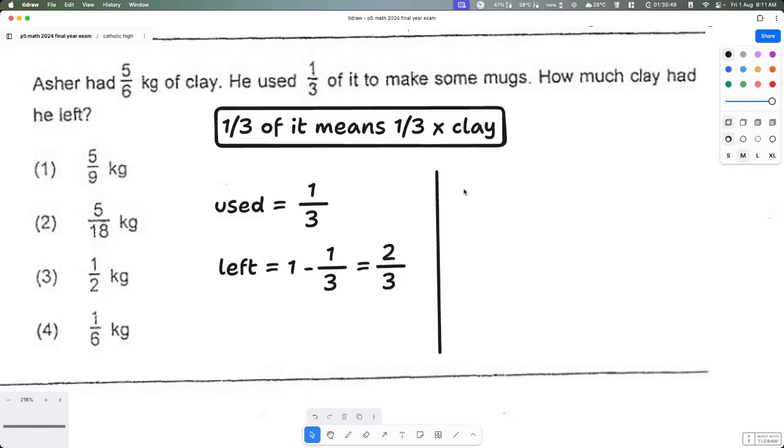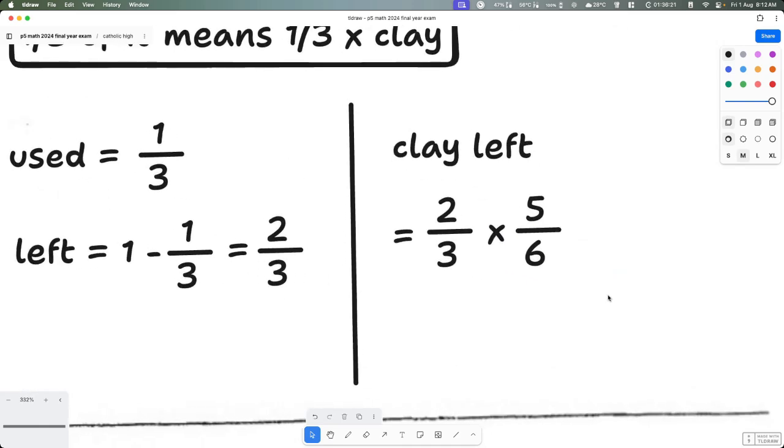Clay left is equal to, let me just make another space, 2/3 times 56 kg of the clay. So 5 over 6. Here we can cancel things out. We can cancel 6, and this can be divided by 2, so this will give us 1.